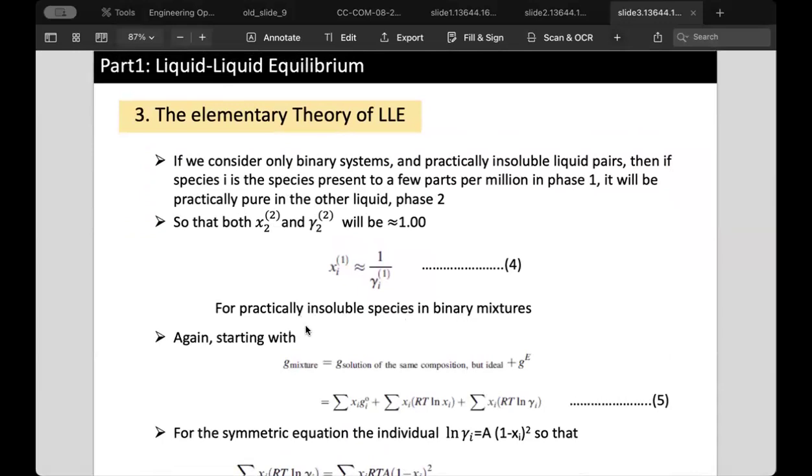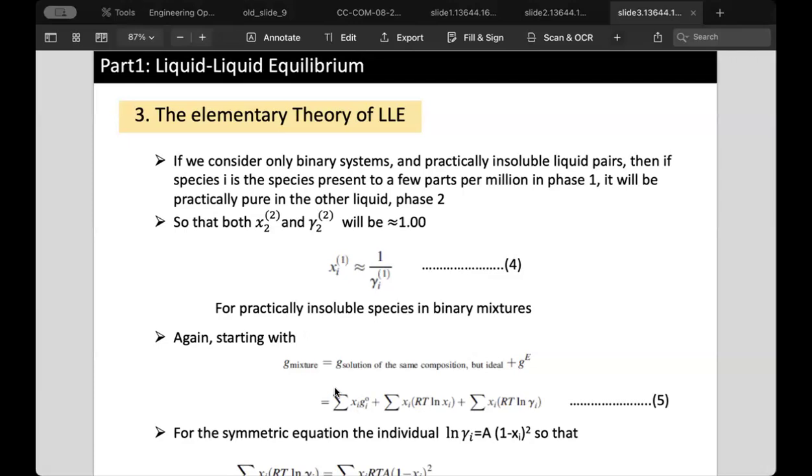And again, we start from G of the mixture is G of the solution, the Gibbs energy of a solution of the same composition, but ideal, plus the excess property.